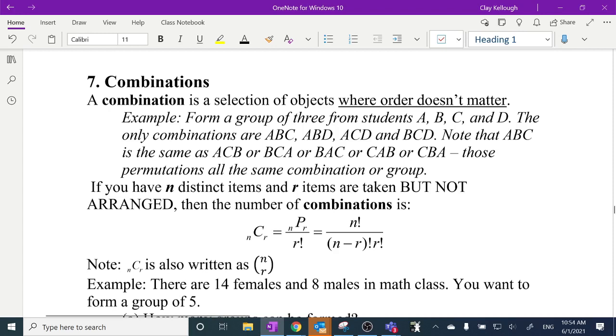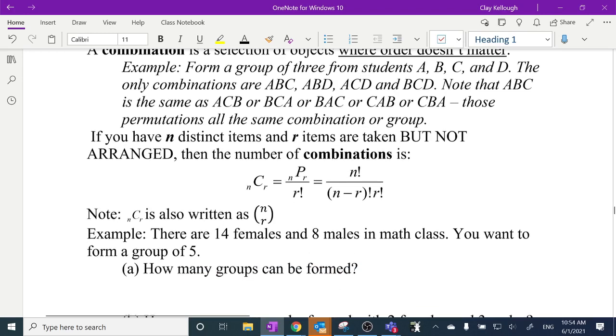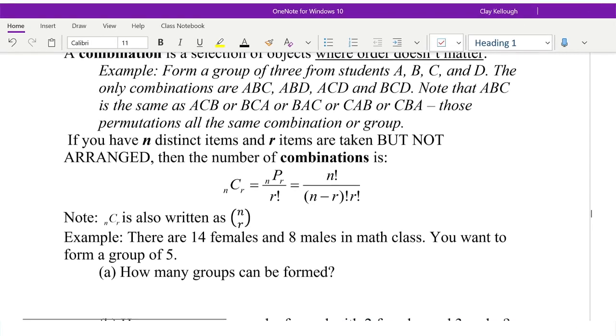So, for the formula, if you have n items and you want to take r items, but not arrange them, the number of combinations is nCr, which is the permutation formula divided by another r factorial. Let me get the highlighter out.